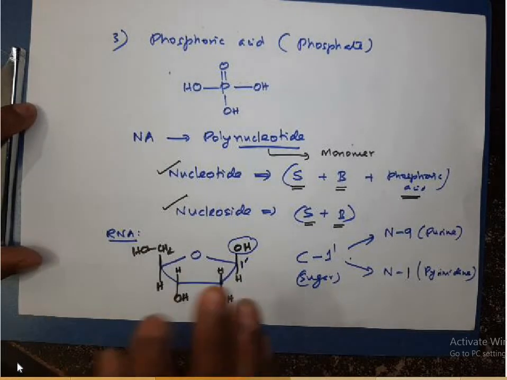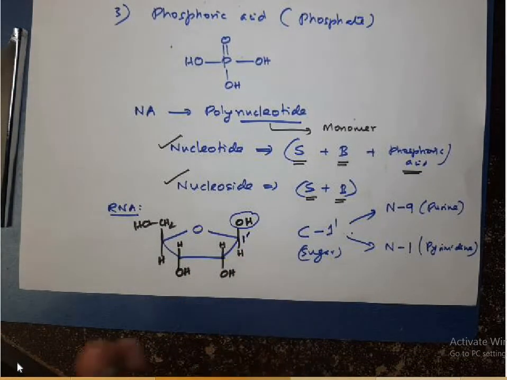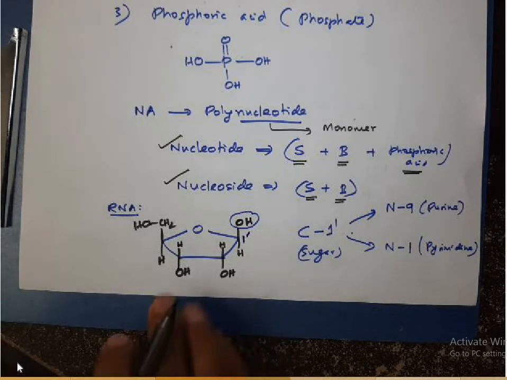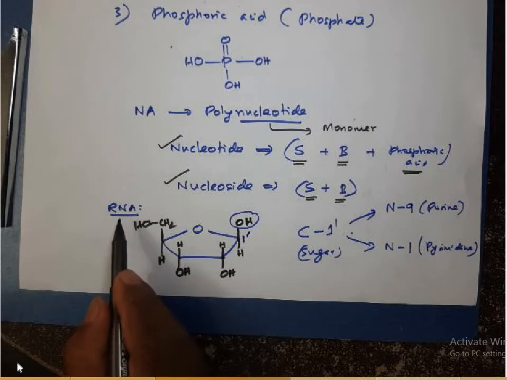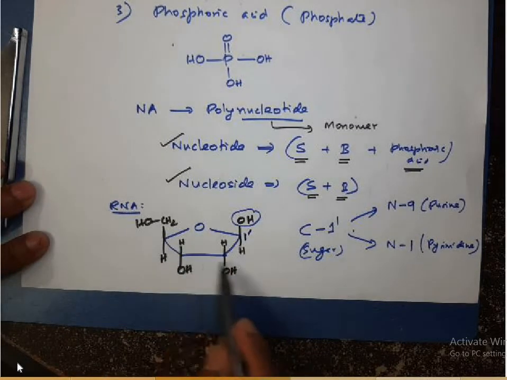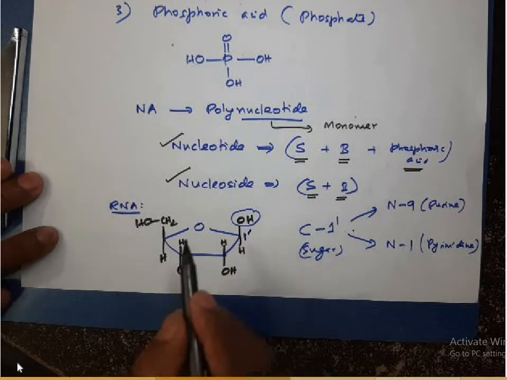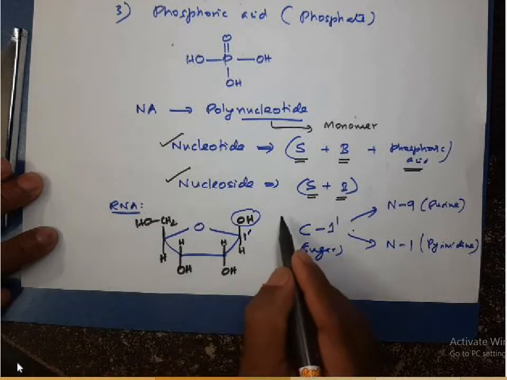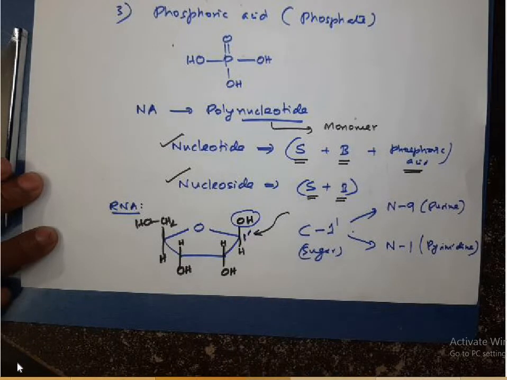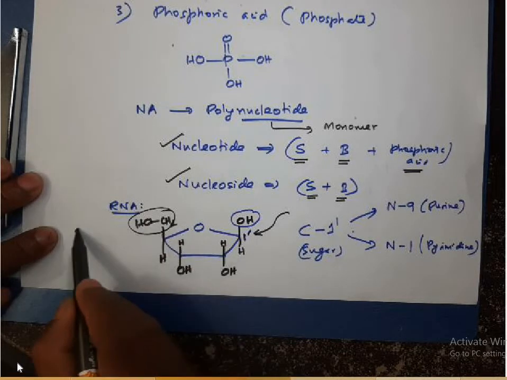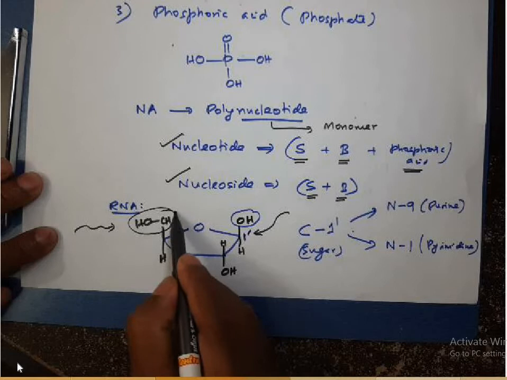Now, where this base will attach and the phosphoric acid will attach in the sugar unit. I have taken RNA as an example, and you know very well in RNA we have ribose sugar. Students, keep this in mind. Always the base molecule will join with the 1' carbon of sugar, and the phosphoric acid unit is attached with the 5' carbon of sugar.